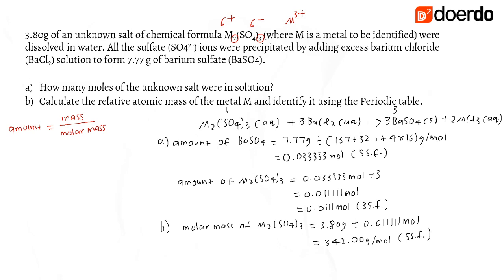To find the Ar of M, we simply have to take 342 minus 3 times of 32.1 plus 4 times 16 and divide this entire thing by 2 to find the Ar of M. So that will give you an answer of 26.850.